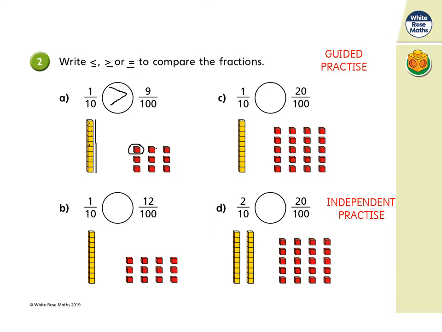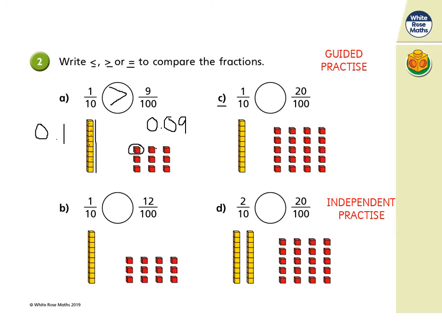And also, as a decimal, 1/10 will be 0.1, but 9/100 would be 0.09. So 0.1 is larger, but by how many small equal cubes? Only by 1.